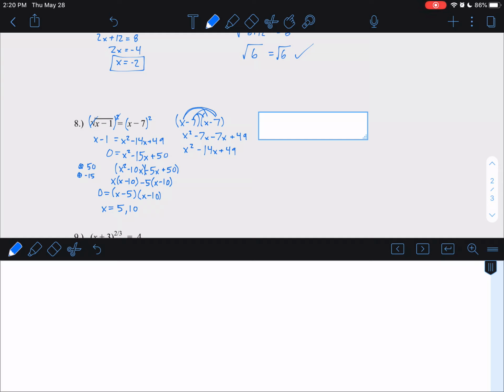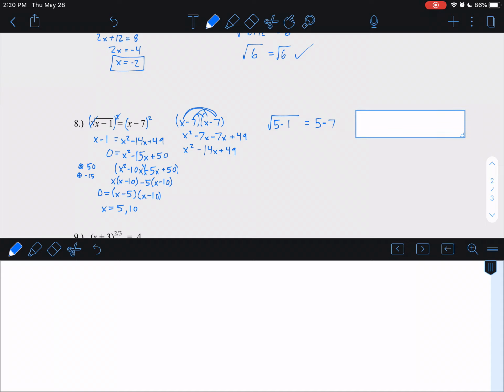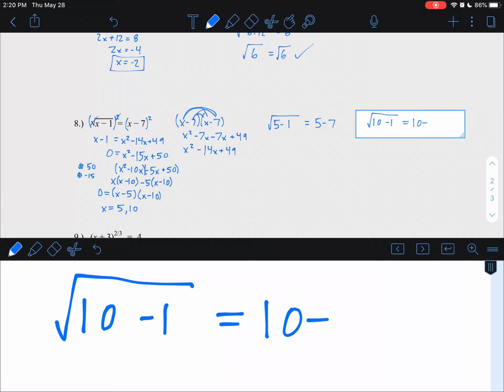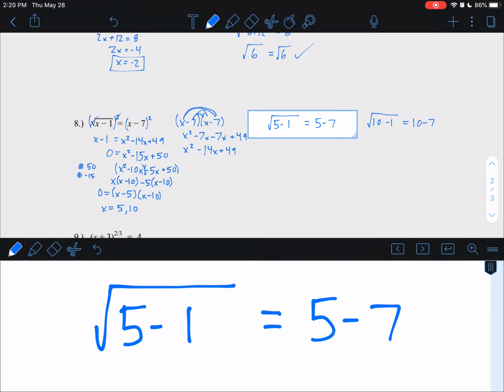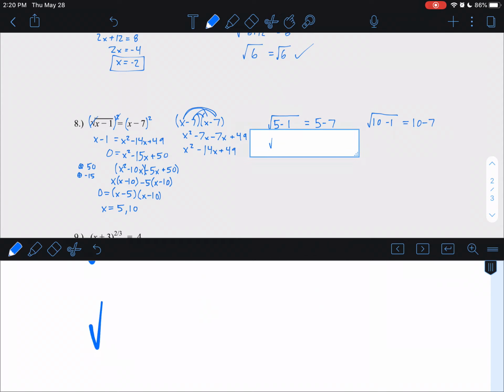So let's see. I have the square root of 5 minus 1 equals 5 minus 7. And over here, I'll do the square root of 10 minus 1 equals 10 minus 7. So 5 minus 1 is 4, so that gives the square root of 4 equals 5 minus 7, which is negative 2.